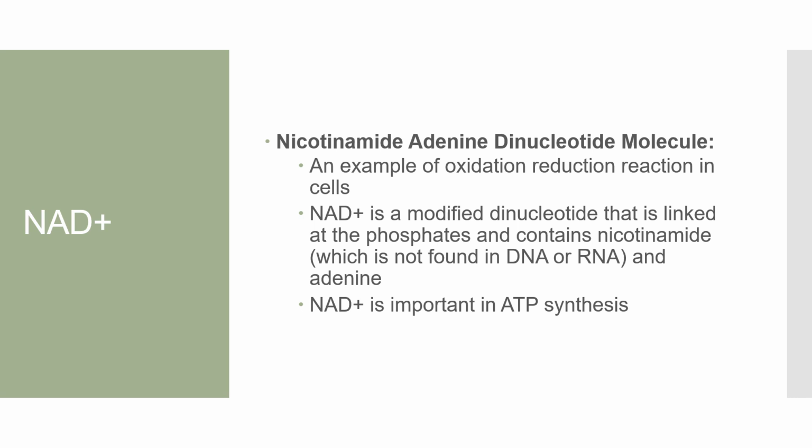NAD+ accepts electrons from another molecule, becoming reduced to NADH, where NAD+ plus 2 electrons plus 1 hydrogen lead to NADH. The NADH molecule carries electrons to the electron transport chain, where the energy from these electrons is used to produce ATP.